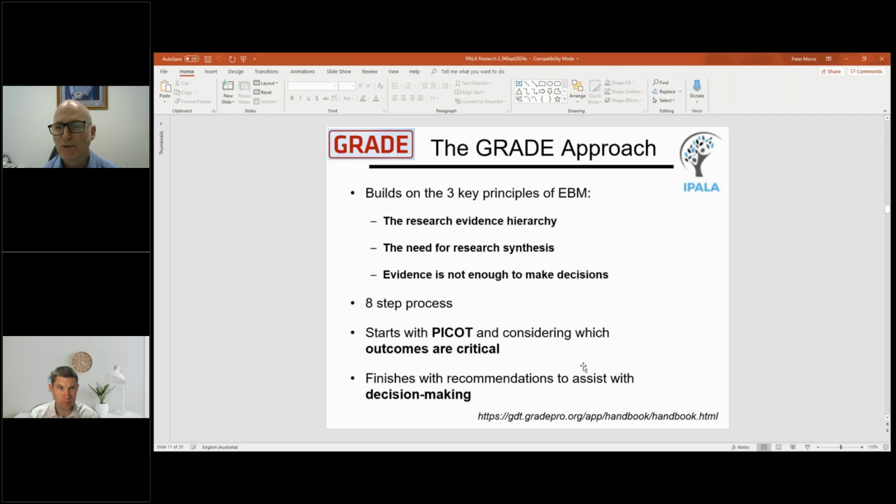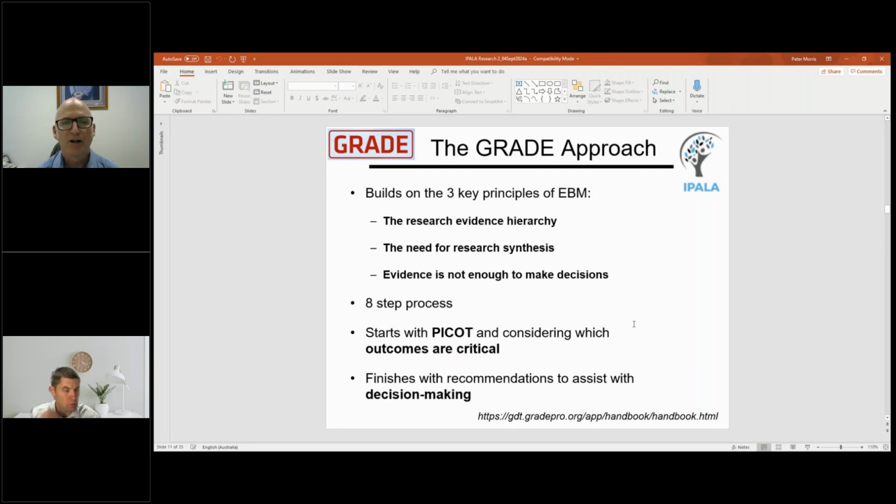The second principle is that research always needs to be synthesized to draw conclusions. And the third principle is an ironic one, that evidence is not enough to make decisions. There are many other factors that patients consider in deciding which healthcare they would like to receive.